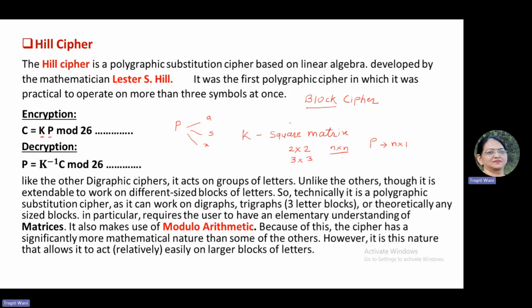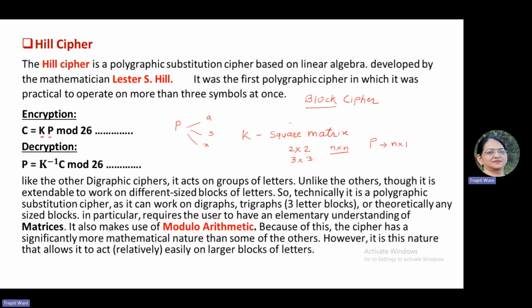Then only is it possible to multiply those two matrices. So we have to divide the plain text such that we can create the columnar vector with n rows and one column.